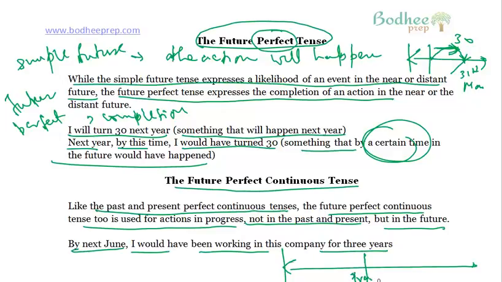Again, I am drawing this line here. This is the present moment. In the future, this is the future, and you would say that by next June, I would have been working in this company for 3 years. So this is basically what will happen. By next June, you would have been working for 3 years. In the future, you speak of continuity of some event that started in the past.